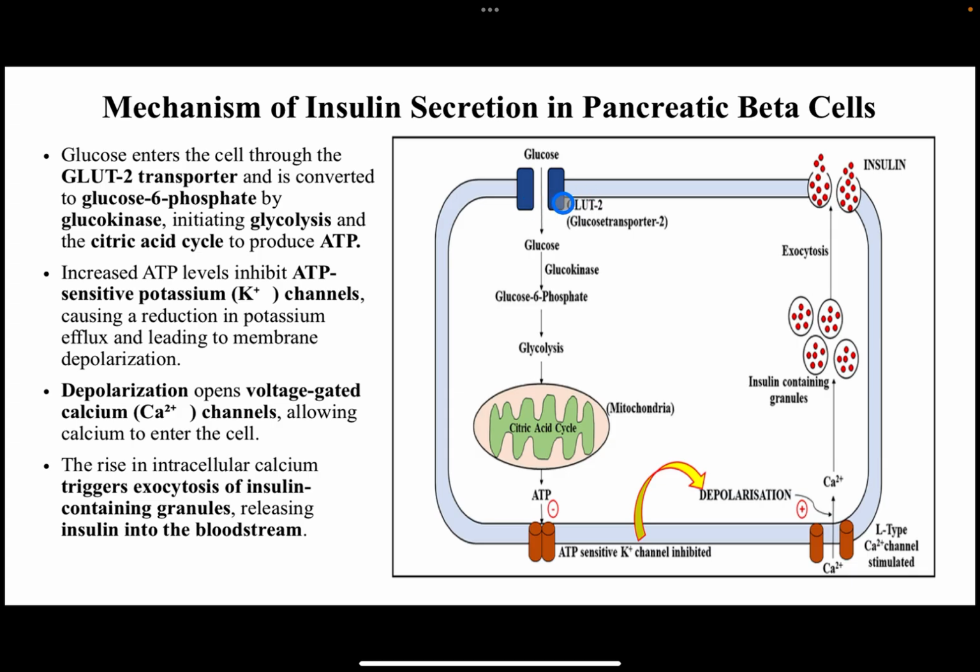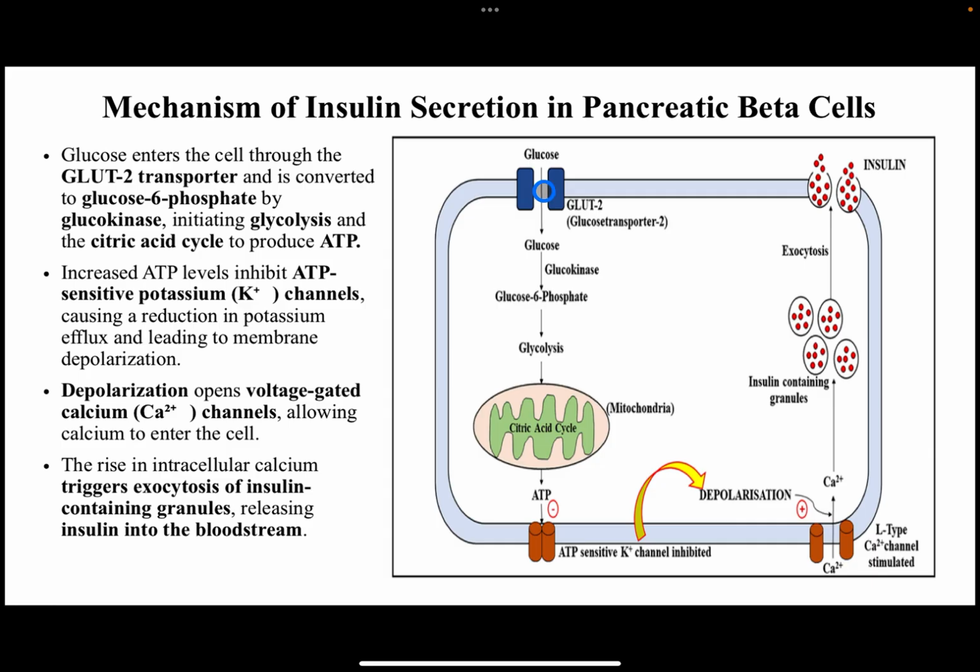It's like a gate. So the moment you eat a meal, your glucose levels increase, and glucose enters the beta cells through the GLUT2 transporter.